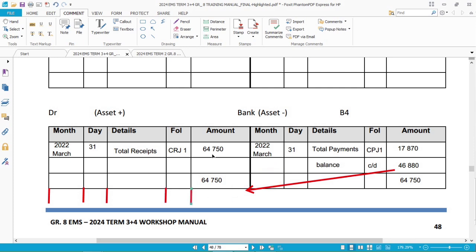Also on the other side, for completeness' sake, remember, it's all about completeness. You don't want things that are missing. Then I need another line. Make it straight. And then close this up.